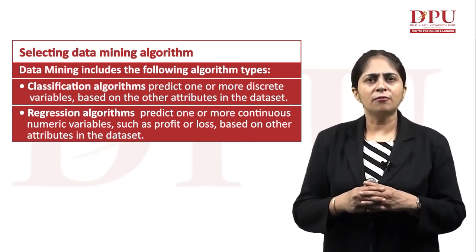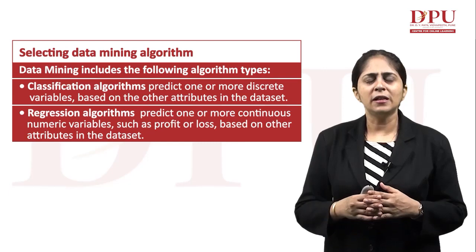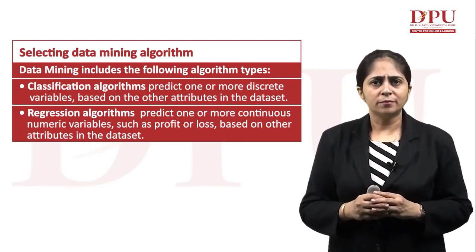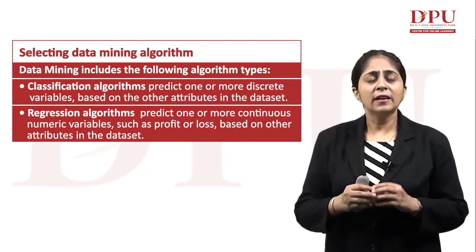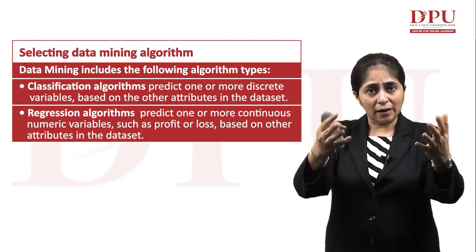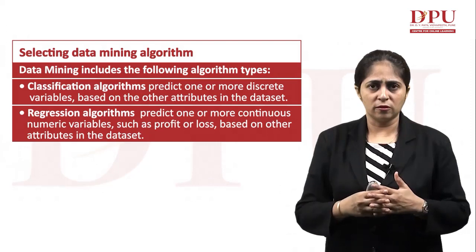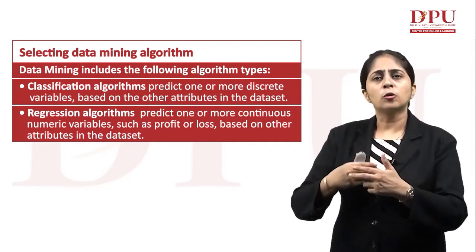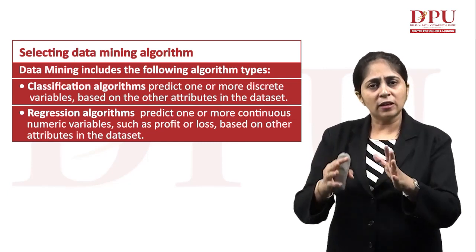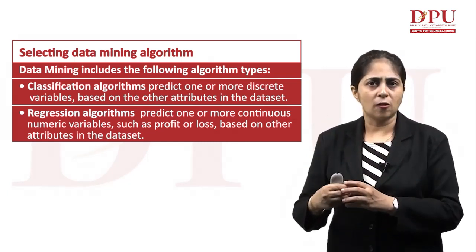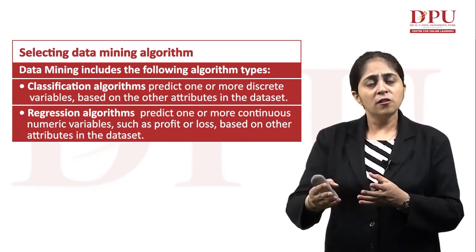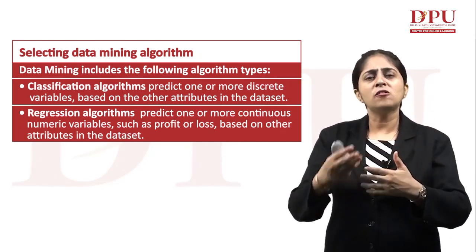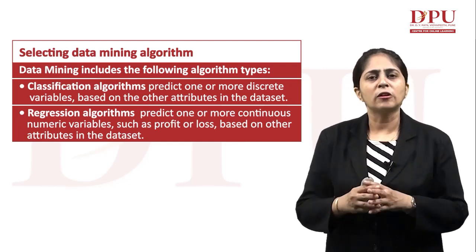Another example of the regression algorithm: if you know one variable, you can find out the other value. If you know the demand that is going to arise in an organization for any product, then depending on the demand, you can increase or decrease the supply. So demand is known, and you can increase or decrease your supply according to that.